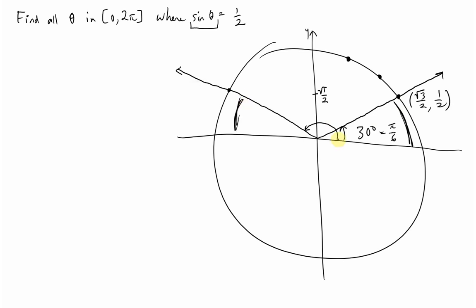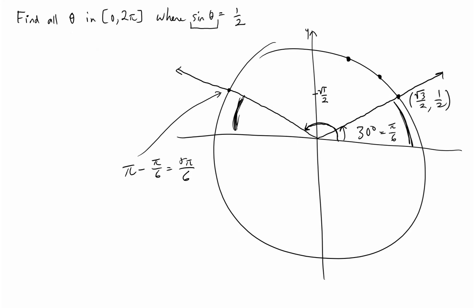So to get this bigger angle right here, we should be doing 180 degrees minus this smaller angle, or in radians, pi radians minus this pi over 6. So this angle right there is pi minus pi over 6, which is 5 pi over 6. And the more you become familiar with navigating the unit circle like we've talked about in the previous 2 videos, the faster you'll be at problems like this.